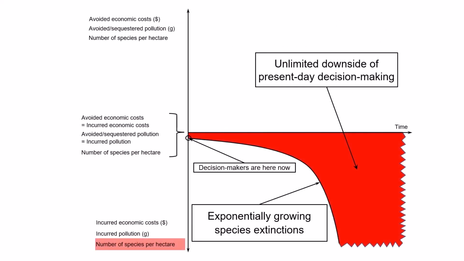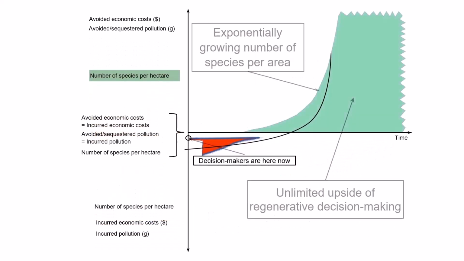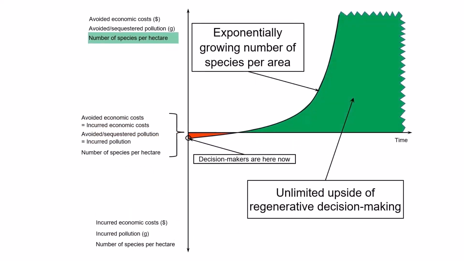From an unlimited downside of exponentially growing species extinctions to an unlimited upside of exponentially growing number of species per area.